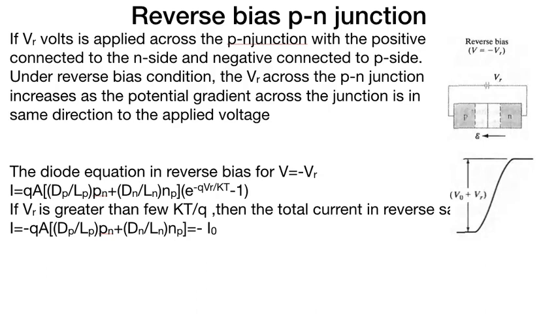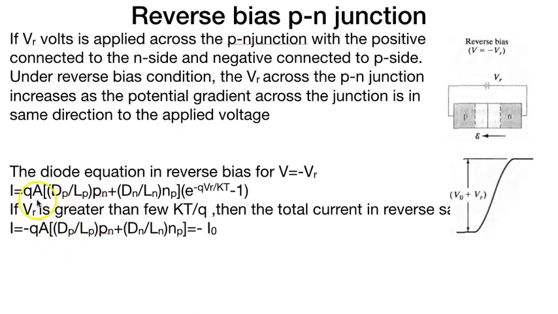If we look at a reverse bias junction, where VR is the voltage applied across the P-N junction, with the positive side of the battery connected to the N side and the negative side connected to the P side, under reverse bias the depletion region increases, and the potential difference becomes V0 plus VR, where V0 is the initial potential value plus the applied potential.